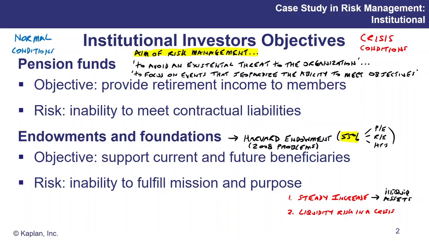Now, one of the most famous real life examples, which illustrates the whole chapter quite nicely, is the Harvard endowment back in 2008. We've got a bit more detail coming up, but we're going to see firstly that they had a particularly high allocation.